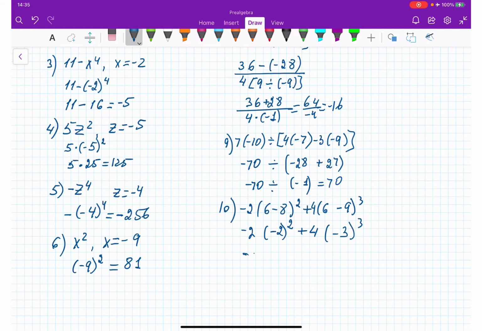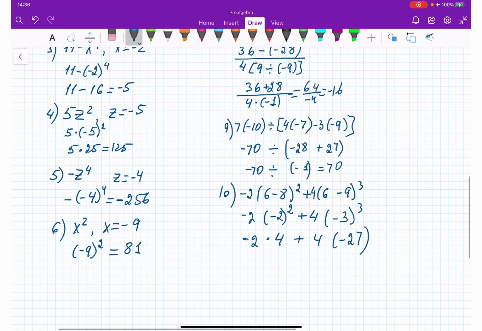We get negative 2 times negative 2 squared, which is positive 4, right? Plus 4 times negative 3 cubed, which is negative 27. Don't forget, negative 2 squared is positive and negative 3 cubed is negative, because one is an even degree and one is odd, right?